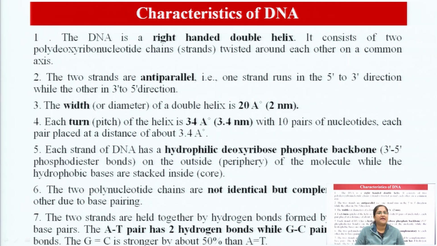Okay. So, these are some characteristics which are very important. We have discussed some of it, and now the others we are going to discuss. DNA is a right handed double helix structure. The second thing, both the strands of DNA are anti-parallel, they are not parallel to each other, they are not like this. The width of the double helical structure is 20 angstrom, also called 2 nanometer. One turn is 34 angstrom or 3.4 nanometer, and the bases are placed at a distance of 3.4 angstrom.